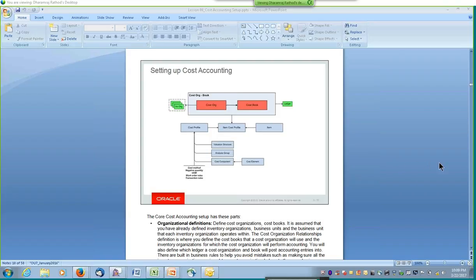As part of period close, when are the cost periods closed? Is it after the inventory period? This seems to be a new step in cloud. So Krishna, it's new, and we don't restrict you in context of closing the period or opening the period.